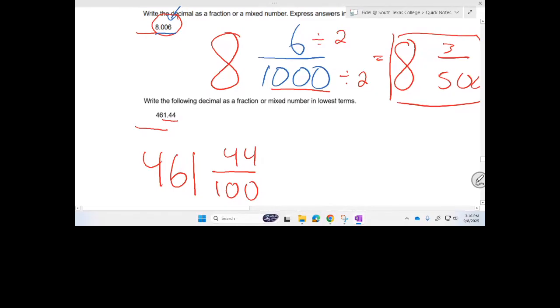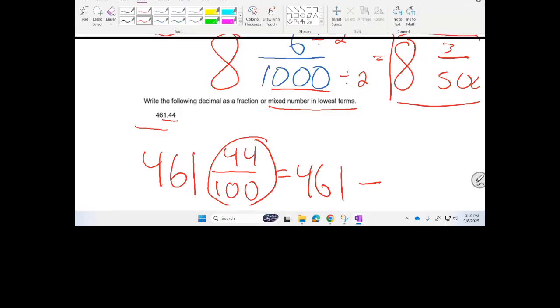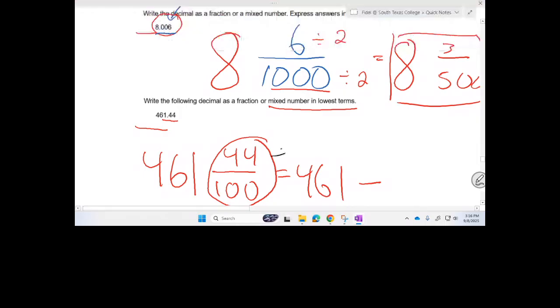Okay, we want to do the same thing, y'all. We want to write it in lowest terms. So look, the 461 we're not going to mess with. Do you all think we could divide 44 and 100? What do you think we could divide them both by? 4, right? Okay, look, let's divide them both by 4, y'all. Anybody know how many times 4 goes into 44?